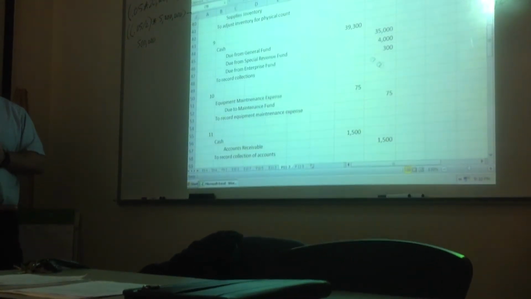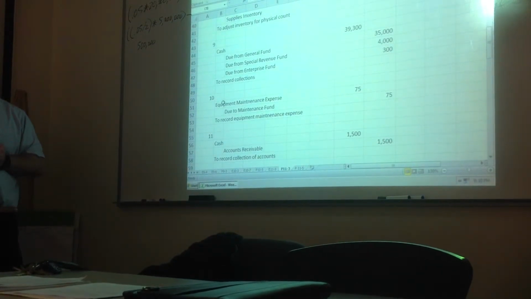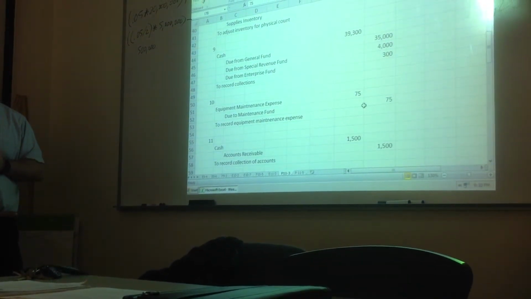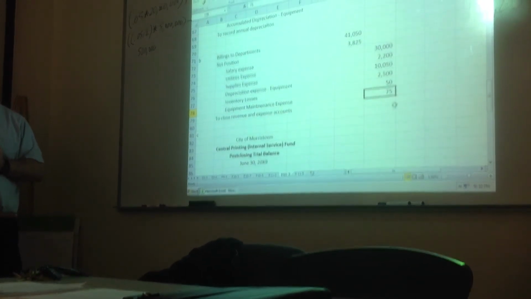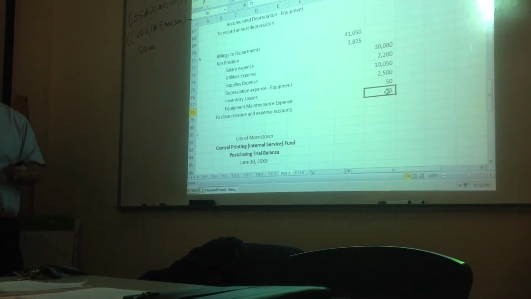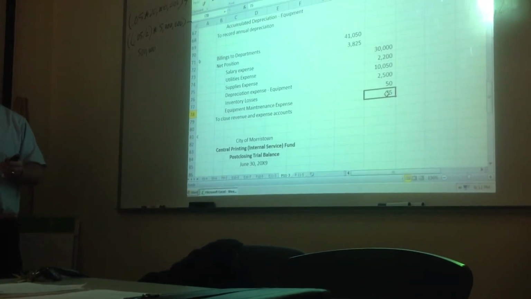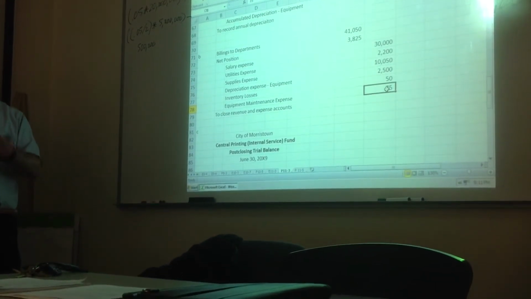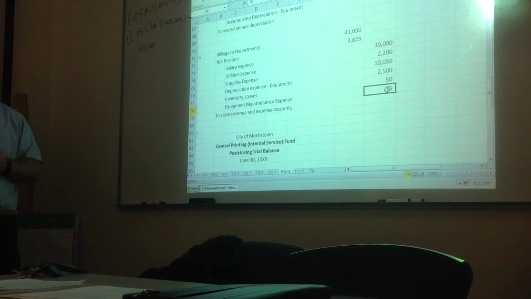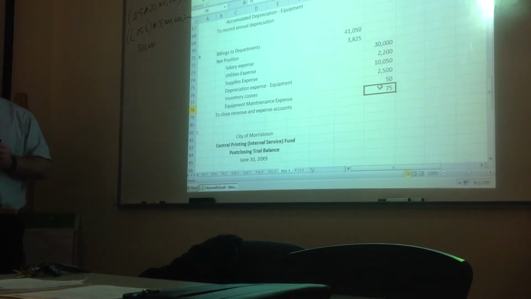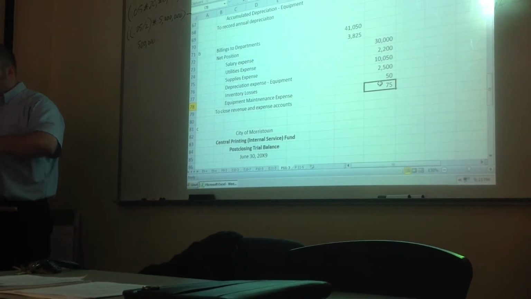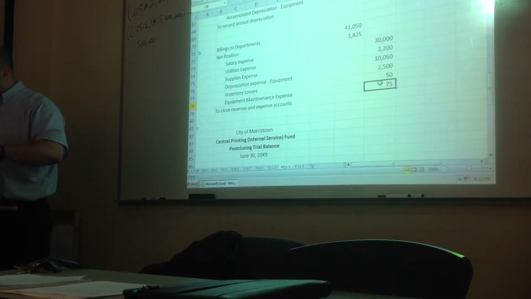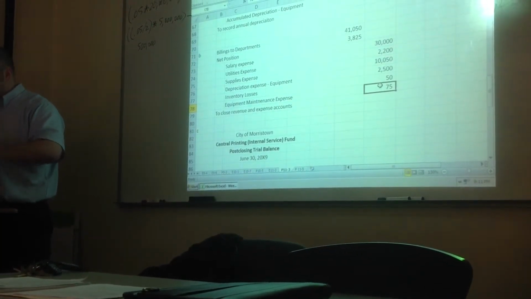For instance, equipment maintenance expense in number 10 was $75, so you have equipment maintenance expense of $75 that now you have to close. It does go through an example in the book. The example is throughout; there are multiple pieces to it, and it goes through different entries as you go.